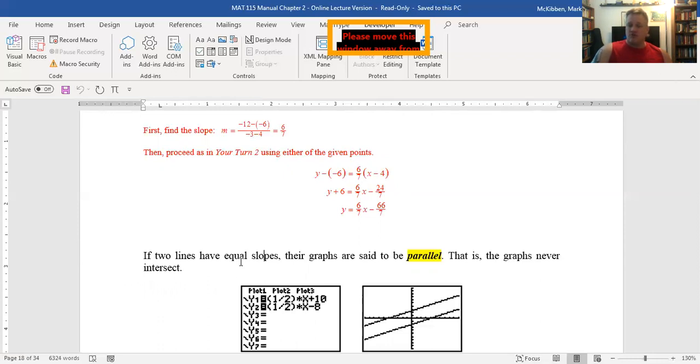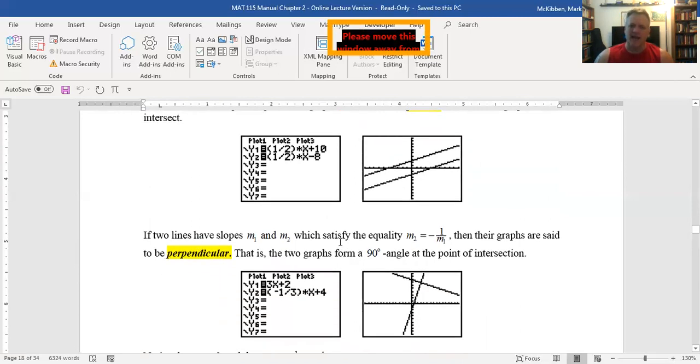Remember from geometry, parallel meant they never touched. Well, if they don't touch, the lines had better have the same slope. Otherwise, one's eventually going to bend faster than the other, and I don't care how long it takes, ultimately they will intersect, and that would be contrary to the fact that they're parallel. So we'll define 2 lines to be parallel if their slopes are exactly the same.